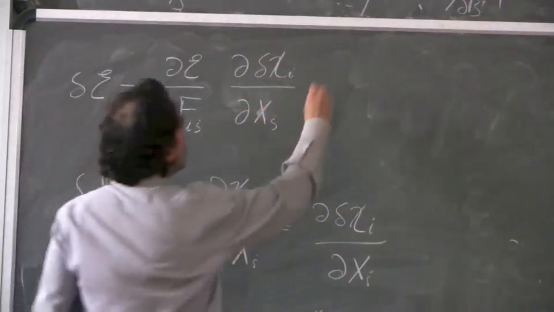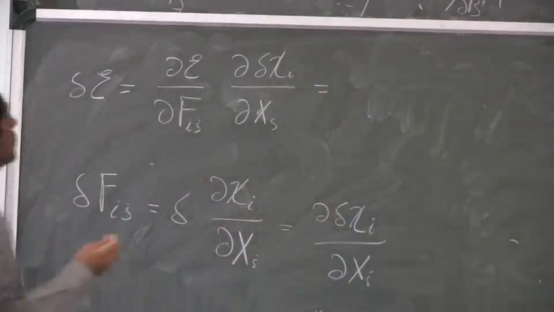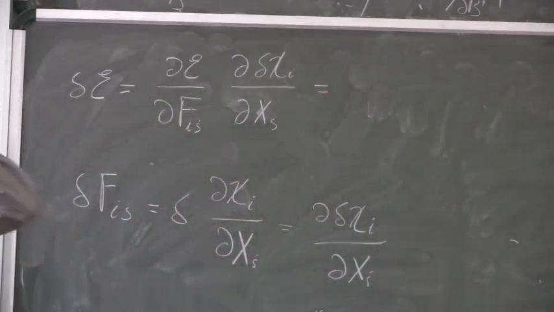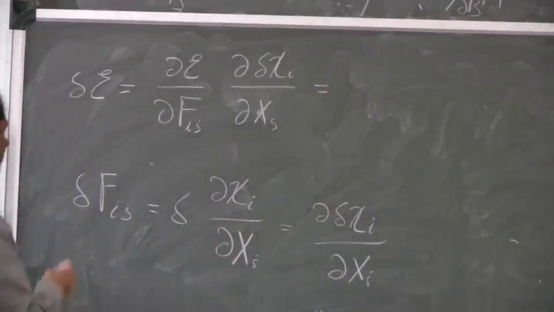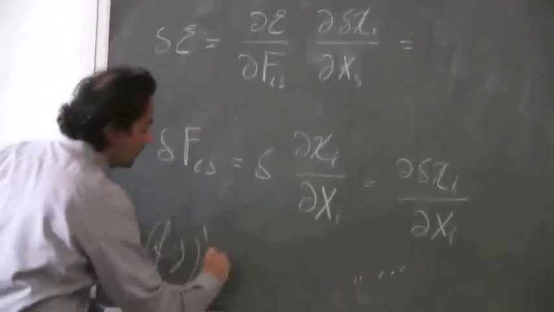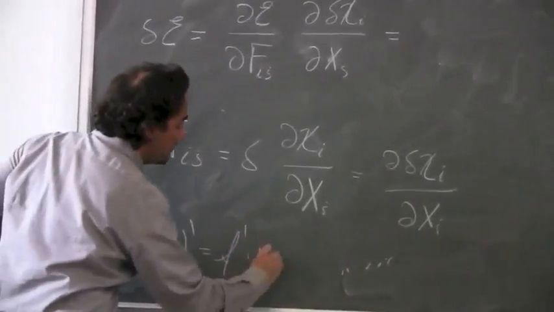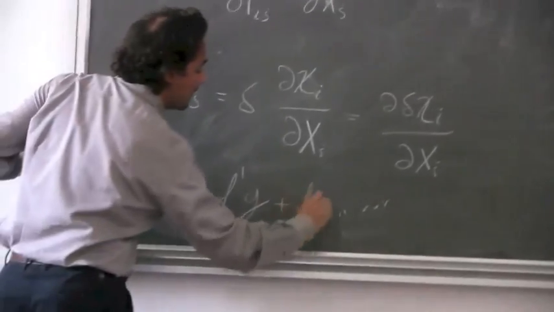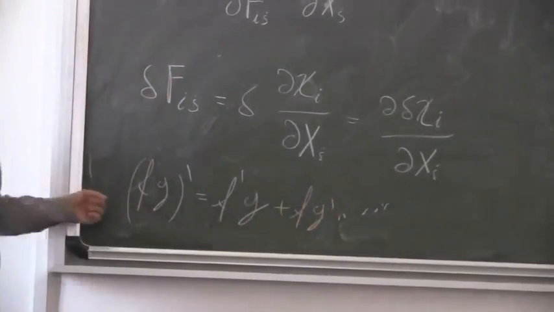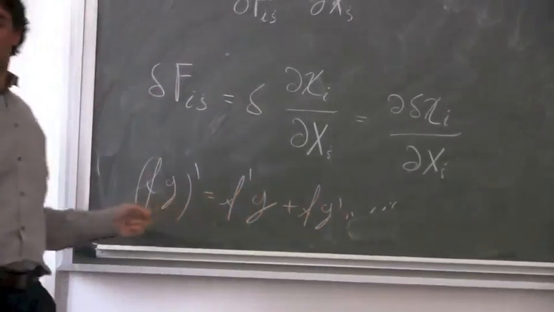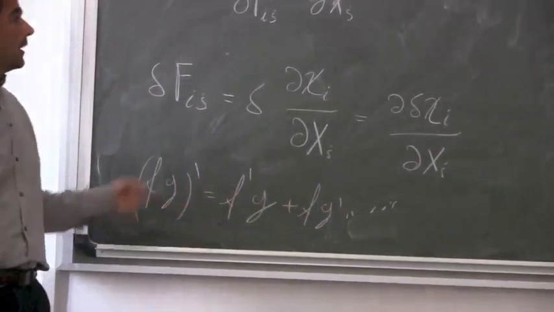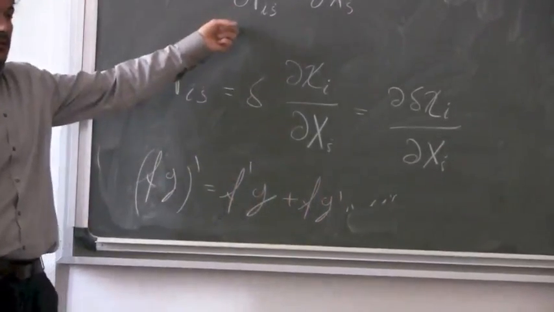But this is also equal, for the same rule that we have used before. You remember, I said that the derivative of fg is equal to f prime g plus f g prime. We have used this simple rule, and we use the same here.